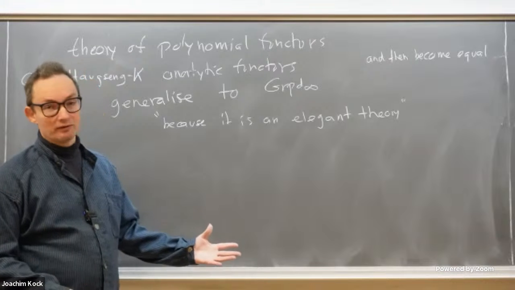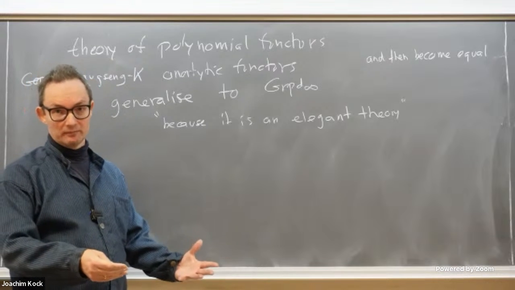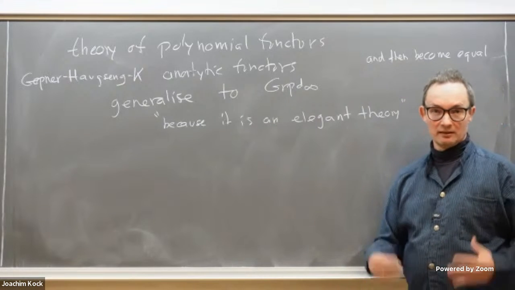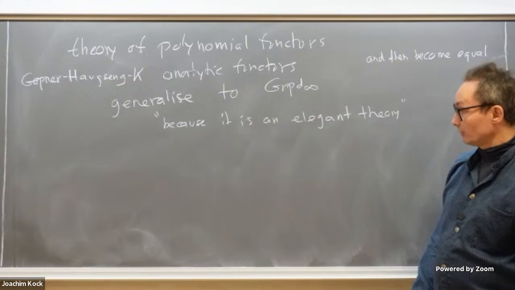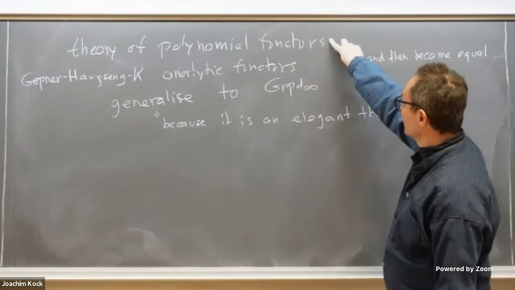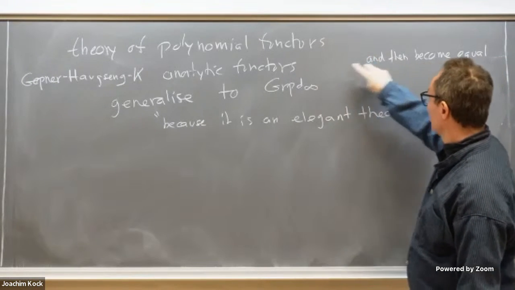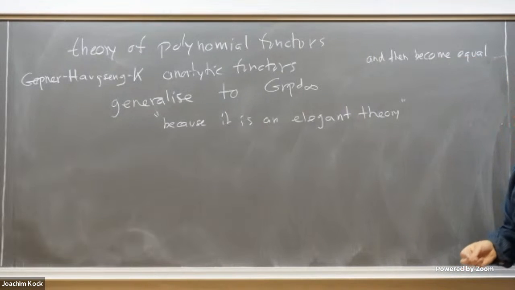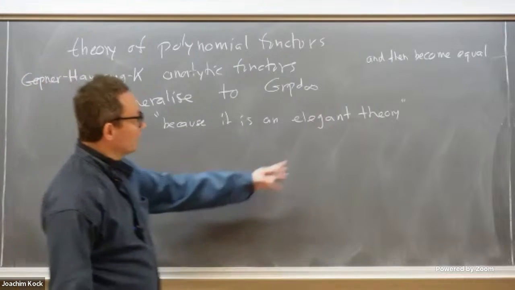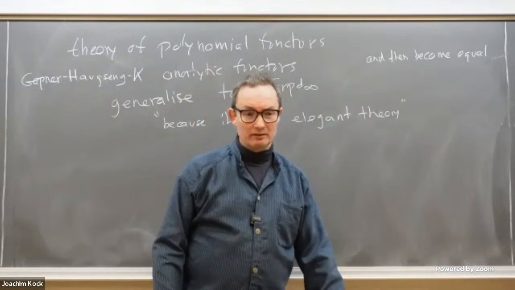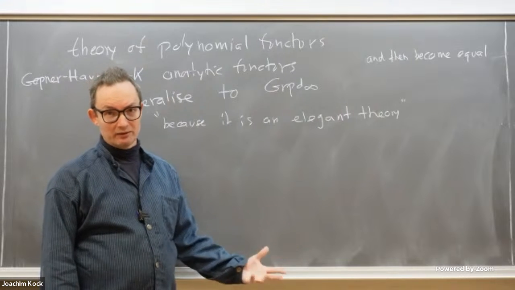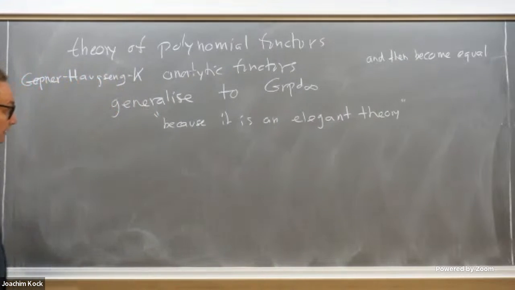And analytic functors are just to preserve pullbacks. But of course, then pullbacks means homotopy pullbacks. That's all we have in the homotopy world. So that means preservation of pullbacks here, preservation of pullbacks here, they become the same thing. So this is an example of this phenomenon that things become nicer when you pass to the infinity world.